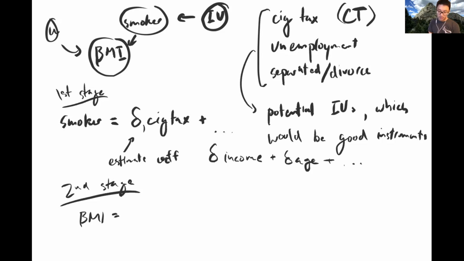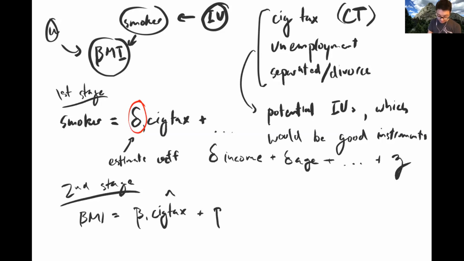But we only care about the one of the causal variable. And then in the second stage, what we're going to have is beta of cigarette tax predicted.